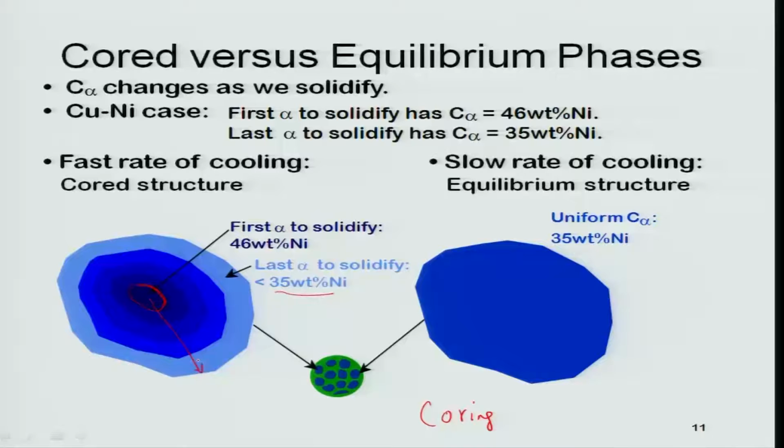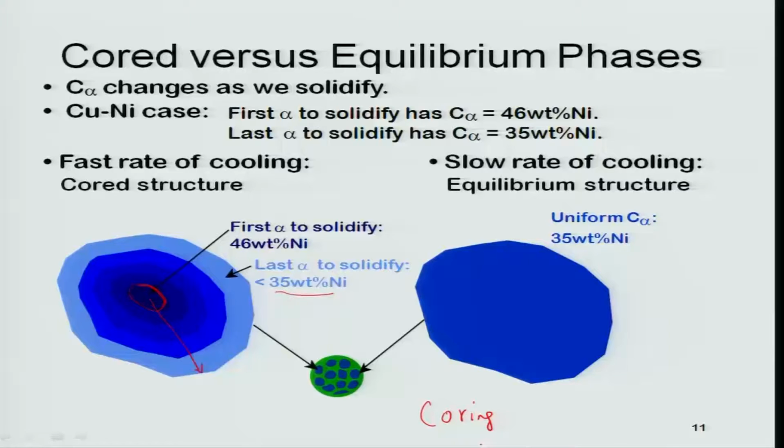This is mainly because of the non-equilibrium nature of the solidification process, in which the system is forming solid whose composition varies from the center or core to the periphery, and this variation is going to create compositional modulations, and this can only be removed by further heat treatment, that is known as annealing.